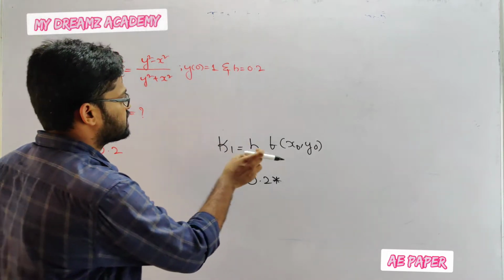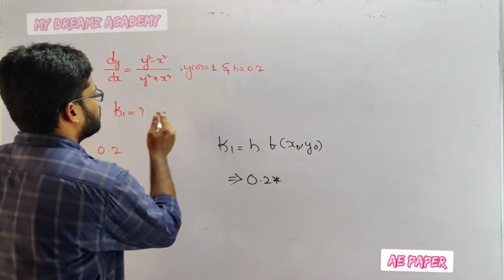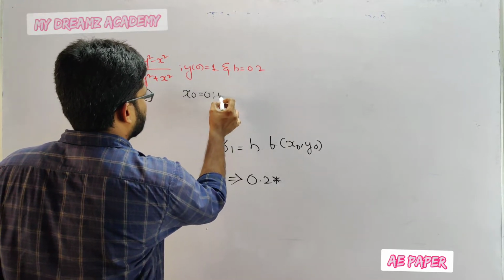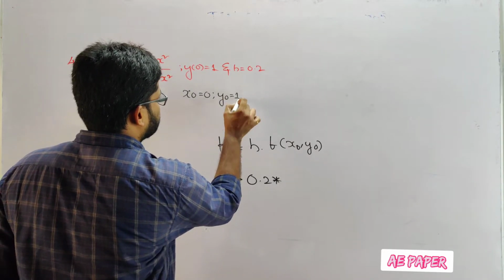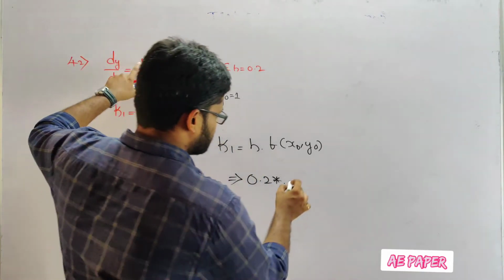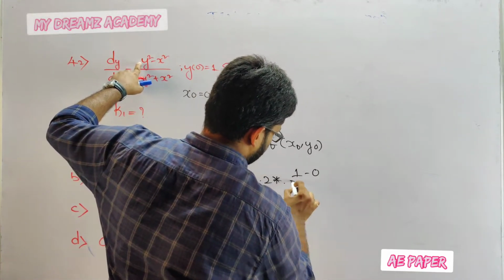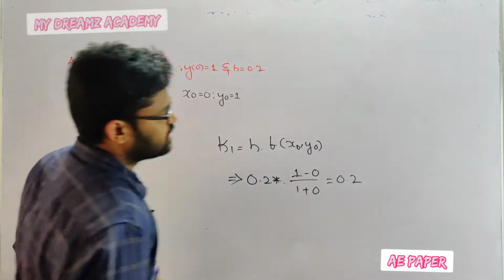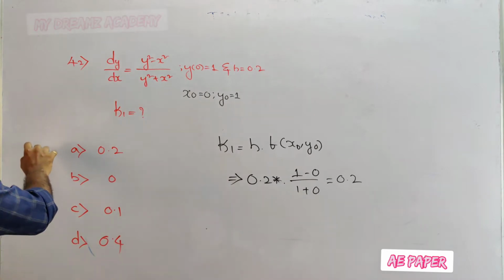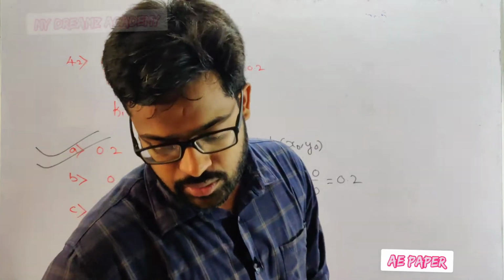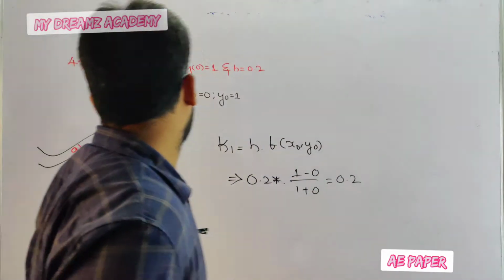We need to substitute the x0 value and y0 value in this. So x0 equals 0, y0 equals 1. Substitute these two values in this. So y square is 1 minus 0, over 1 plus 0, and it will give 0.2. So what is the correct answer? The k value is 0.2. Option A is correct. Question number 42, the answer is option A.